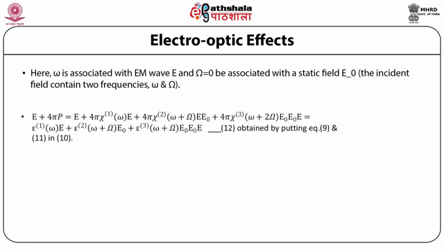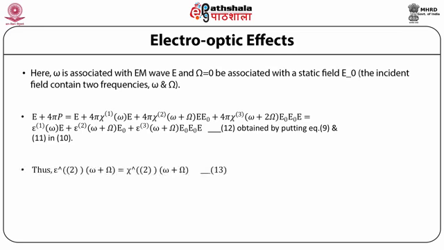Now E plus 4 pi P equal to E plus 4 pi chi 1(omega) E plus 4 pi chi 2(omega plus Omega) E naught plus 4 pi chi 3(omega plus 2 Omega) E naught square E, equal to epsilon 1(omega) E plus epsilon 2(omega plus Omega) E naught plus epsilon 3(omega plus 2 Omega) E naught square E. This is obtained by putting equations 9 and 11 in 10.